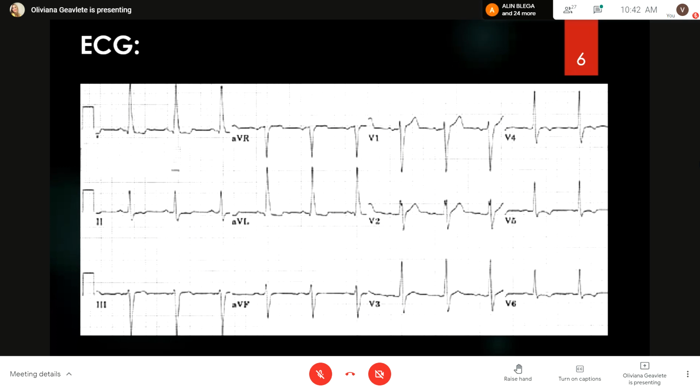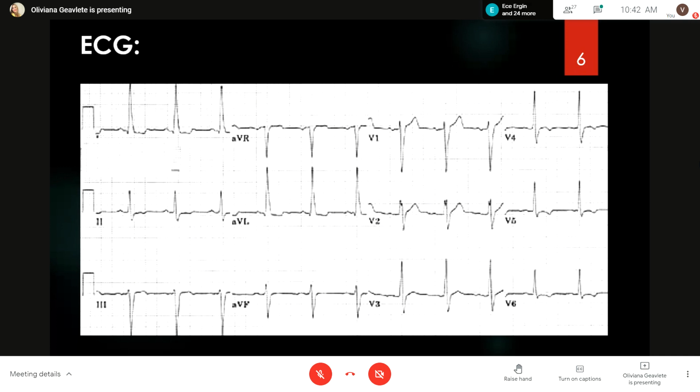Left ventricular hypertrophy. Do you have the criteria for left ventricular hypertrophy? I think in aVL the R wave is pretty high. So you used Cornell in aVL. Yes, you're right, because you don't have the Sokolow-Lyon criteria, and you have the Cornell.